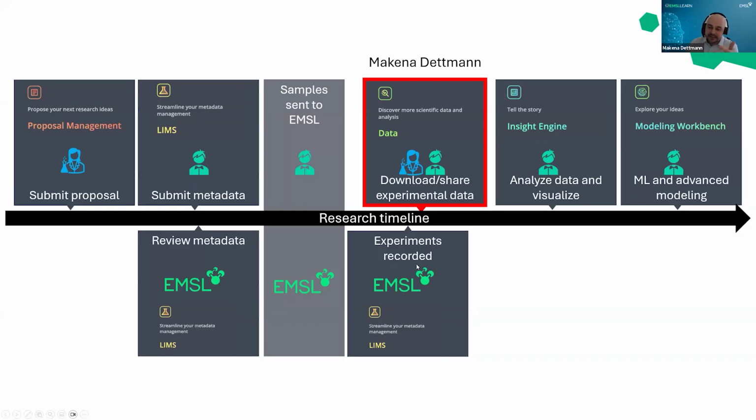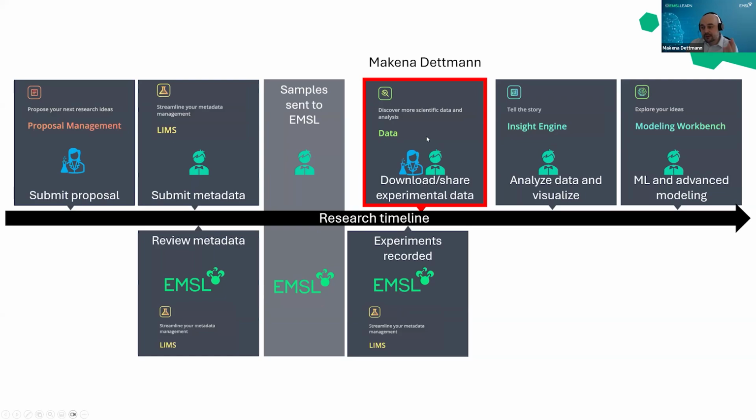And what that means is as scientists record their activities in L7, once they're happy with the results, they've been reviewed and quality controlled, then those results can make their way to the data portal.